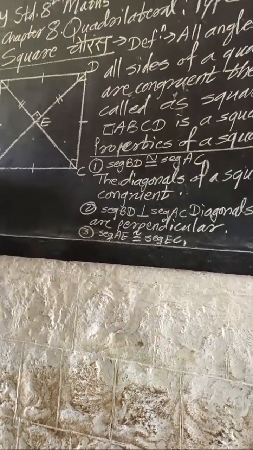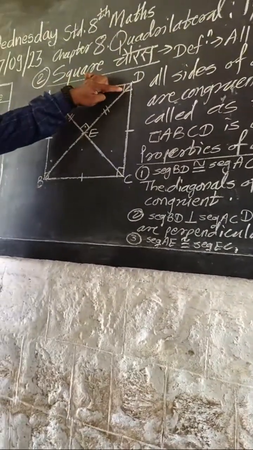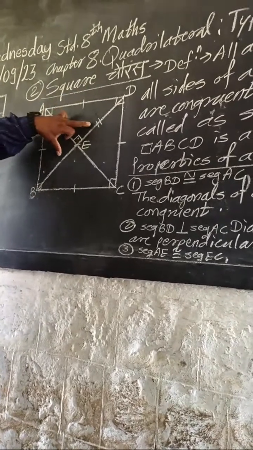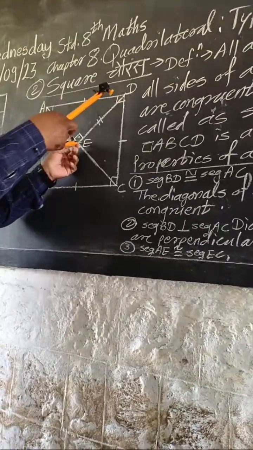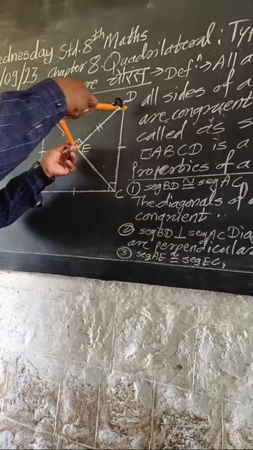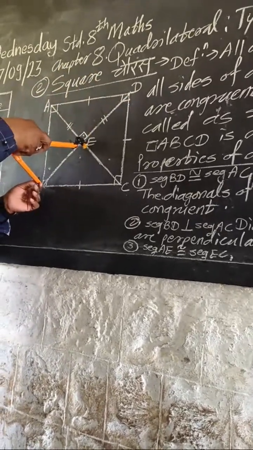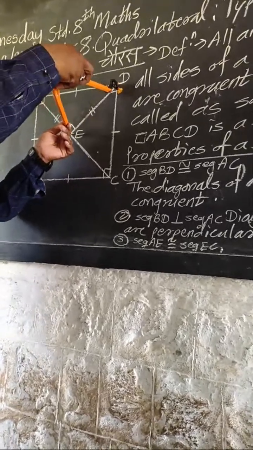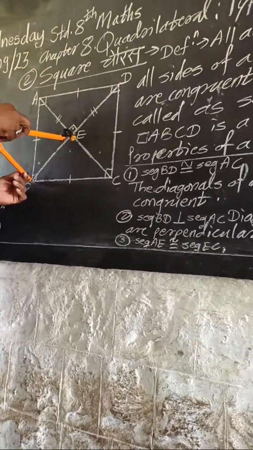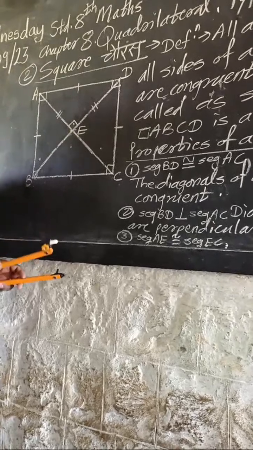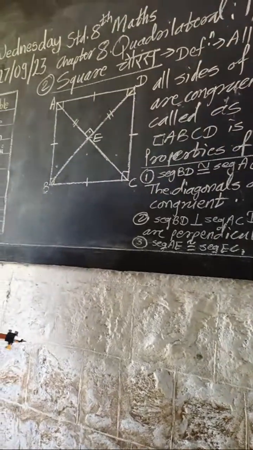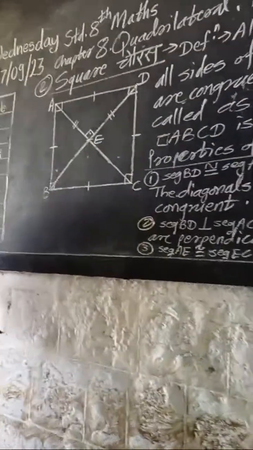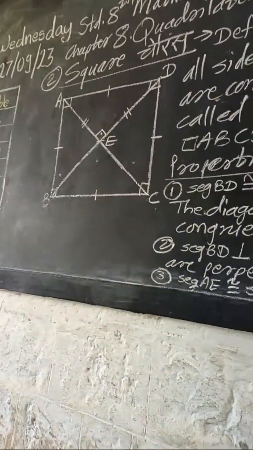Another diagonal also divides into two parts. Which parts are equal?